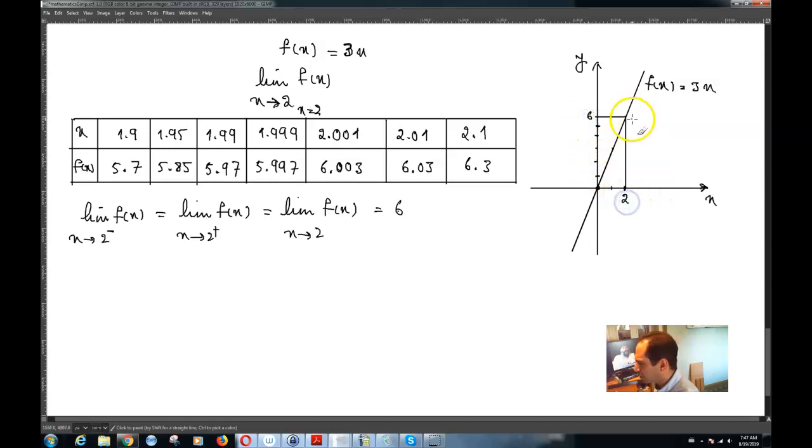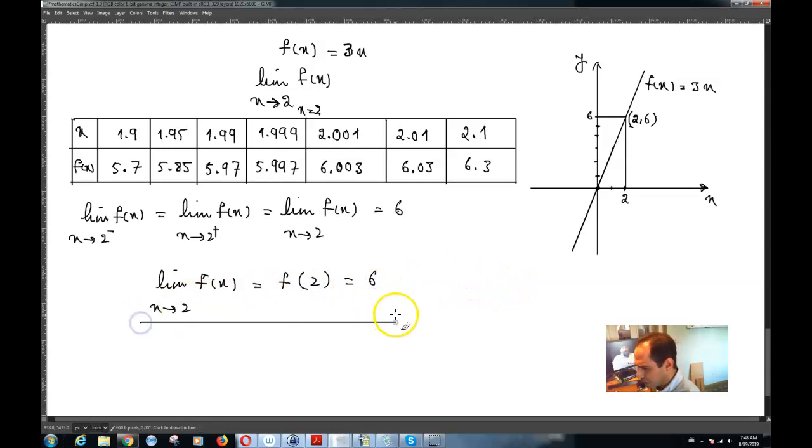So this is the point (2, 6). You can see that the limit of f of x as x tends to 2 is equal to f of 2, which is equal to 6. That is again the case over here.